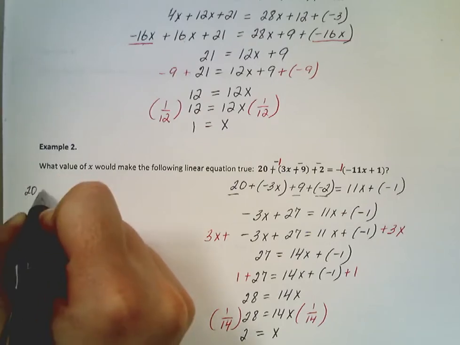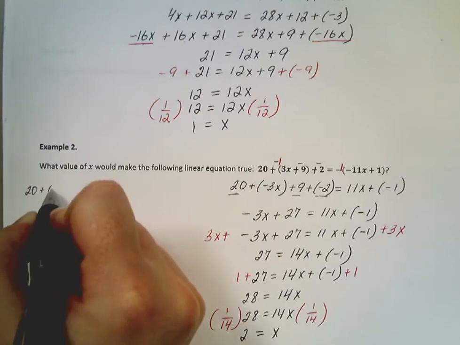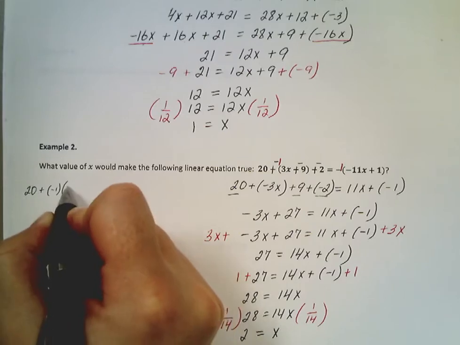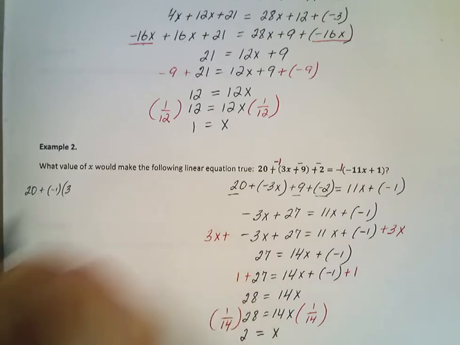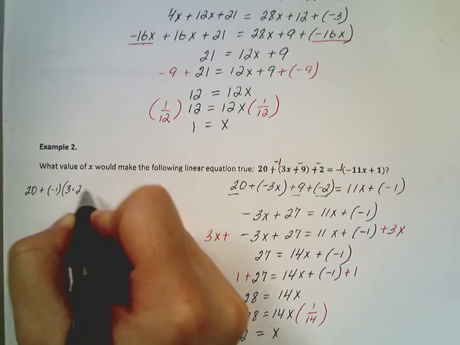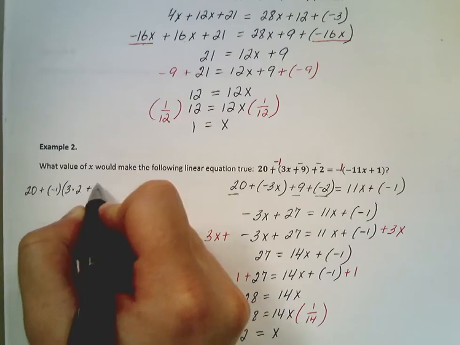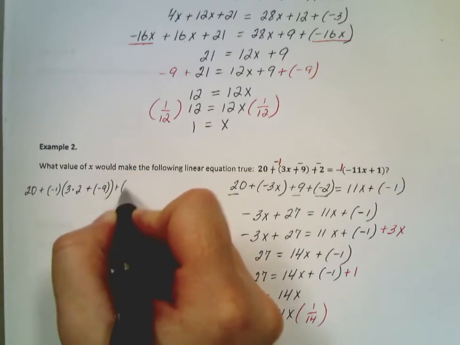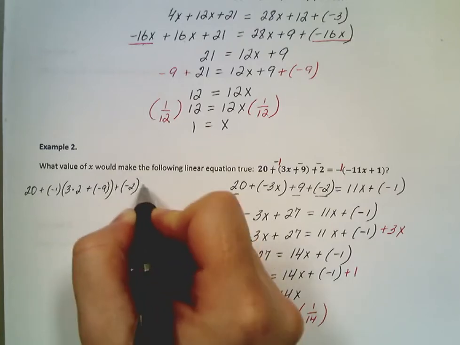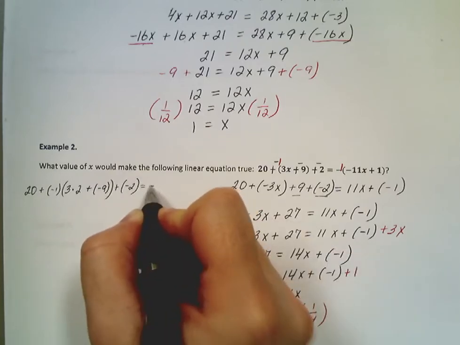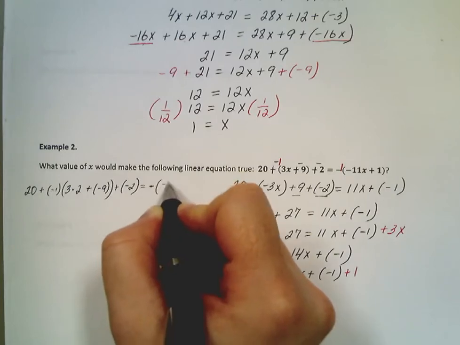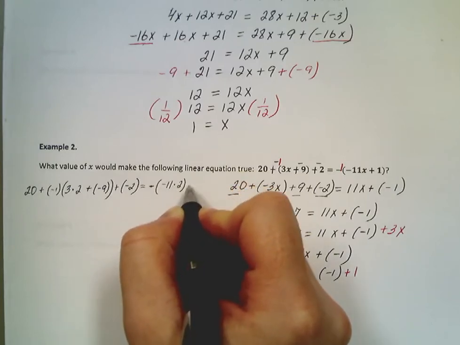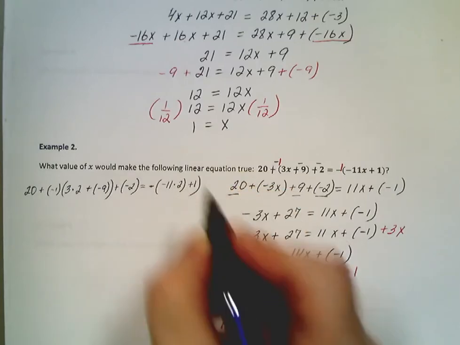So I will have 20 plus negative 1, and I'm going to multiply that by 3 times 2 plus negative 9, plus negative 2, and that would equal the opposite of negative 11 times 2 plus 1.